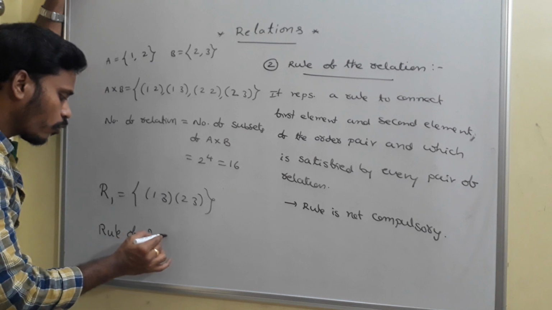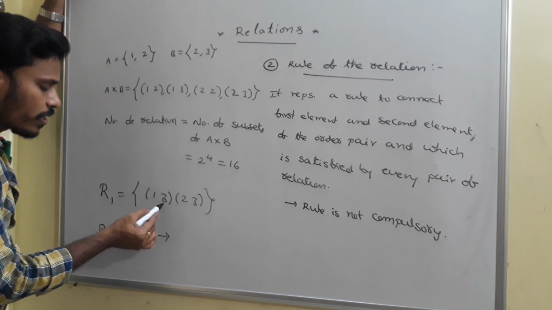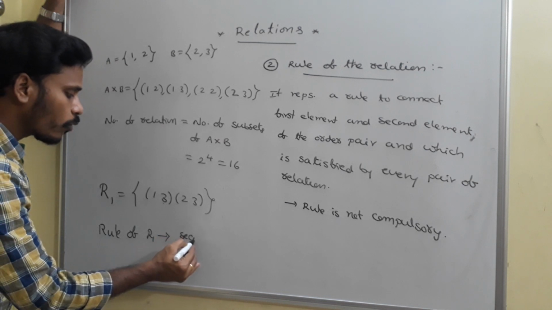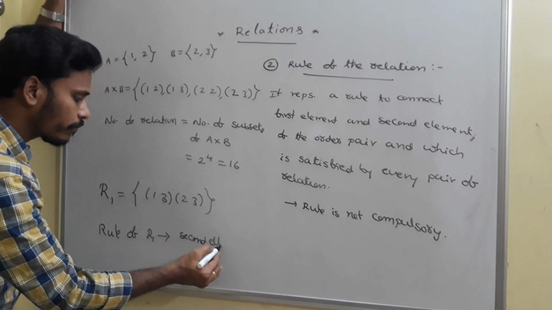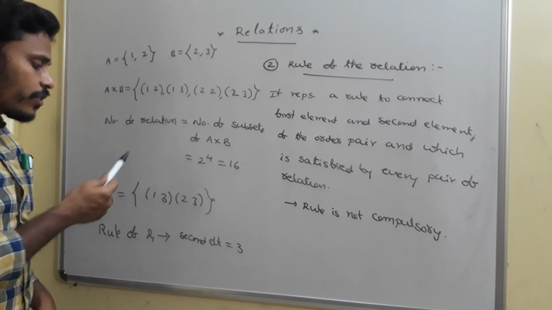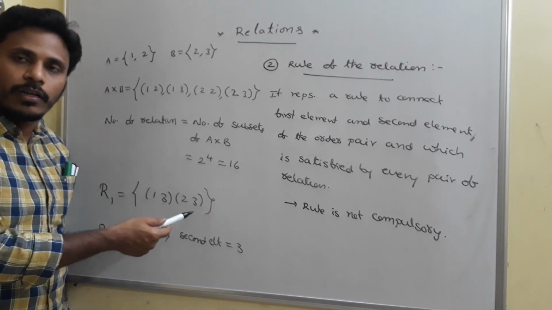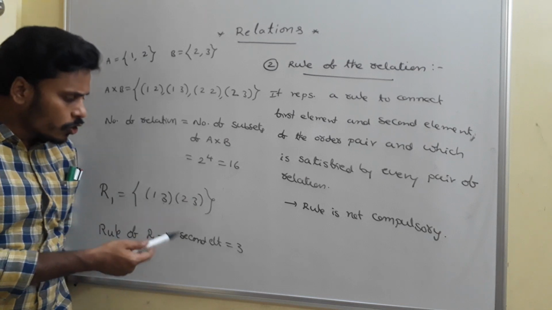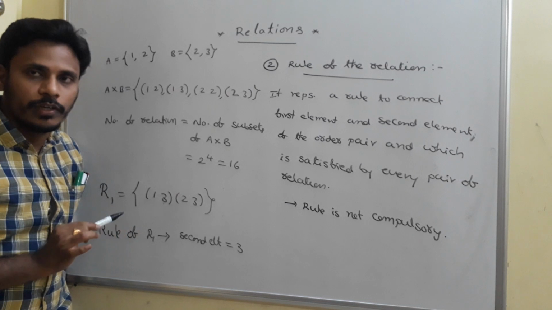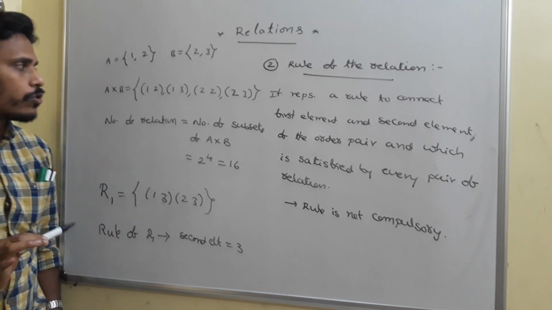If you search for the rule, since the second element is the same, the rule is simply: second element is equal to 3. Because the second element of every ordered pair in this relation is 3. Rule is just your observation.